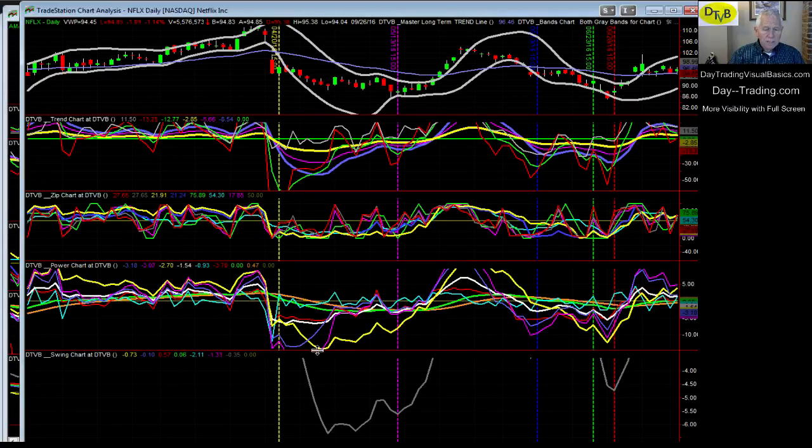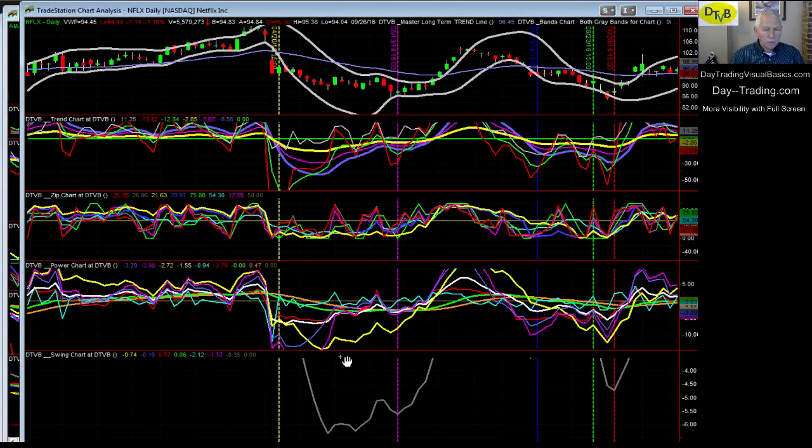Your power yellow is separated from your other lines significantly lower, and in fact it's on a third drop down.